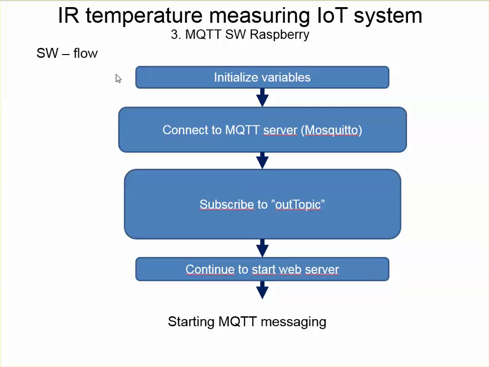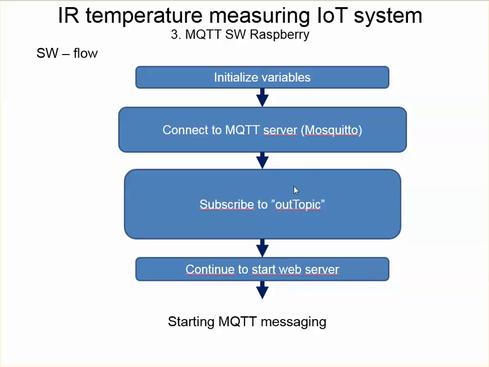The software flow in the Raspberry Pi Python side is quite simple also. First we initialize these variables and what is needed for doing the setup, and then we will connect to the MQTT server, the Mosquitto server that is running also in the same Raspberry Pi as this Python program, and then we will subscribe to our out topic.